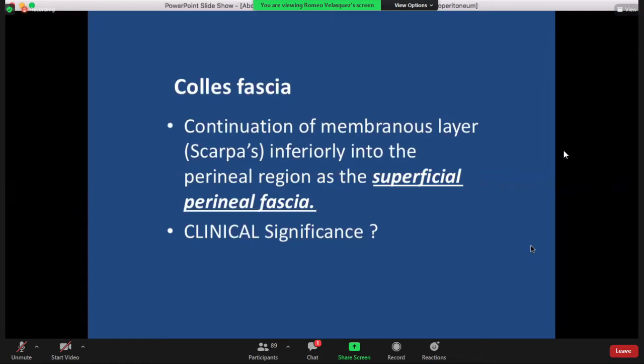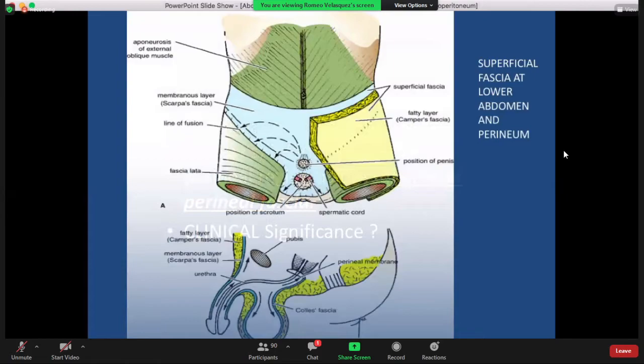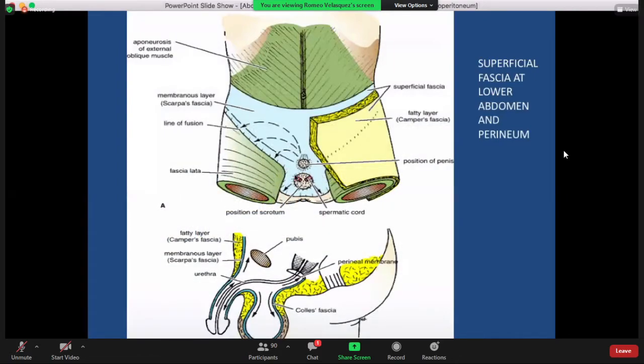Okay, it's all explained very well in Moore's Clinically Oriented Anatomy. Okay, our Bible for anatomy, for students. Okay, and that's the Colles fascia that I was talking about in the perineum. An extension of the Scarpa's into the perineum.